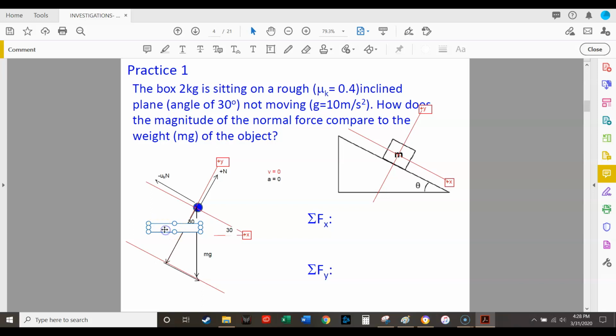That is going to be pointing in the negative y direction, so it's negative mg, and since this side is adjacent to the angle 30 degrees, it's going to be mg cosine of 30 degrees.